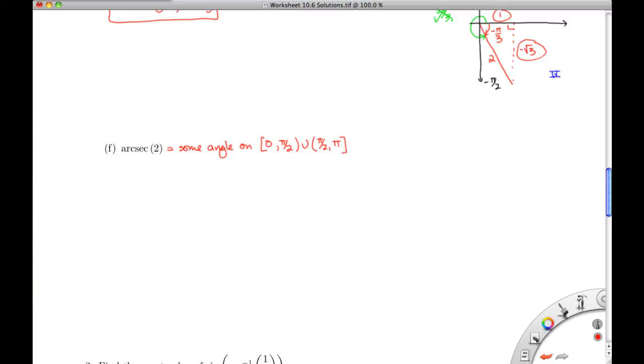Now notice this is almost the exact same set of angles that we get out of the arc cosine, which is the reciprocal function of the arcsecant, except we're leaving out pi over 2 because the secant is undefined at pi over 2. So we don't include that as a possible angle or an output of the arcsecant.